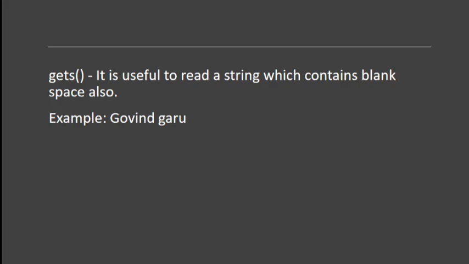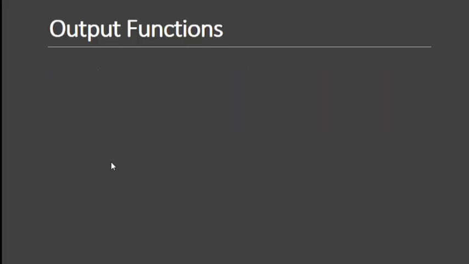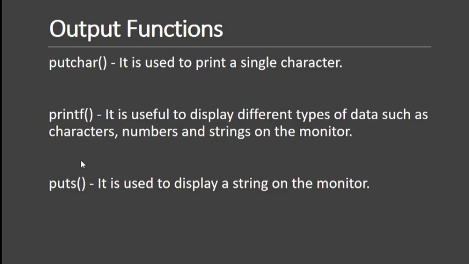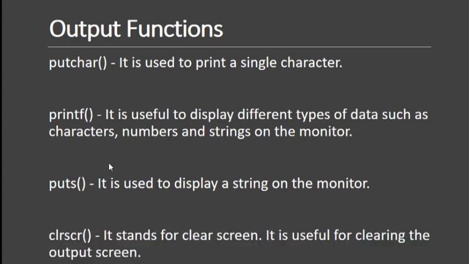These are the input functions. The output functions print output. putchar means a character we print onto the screen. printf means not only characters, integers, floats, everything we can print onto the screen. But putchar prints only a character, and puts prints only a string, whereas printf prints everything onto the screen.